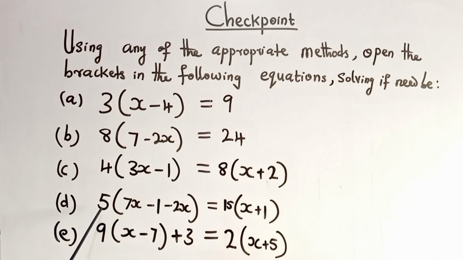Number D says 5 bracket 7x minus 1 minus 2x is equal to 15 bracket x plus 1. And then the last one, that's number E, says 9 bracket x minus 7 then plus 3 is equal to 2 bracket x plus 5.